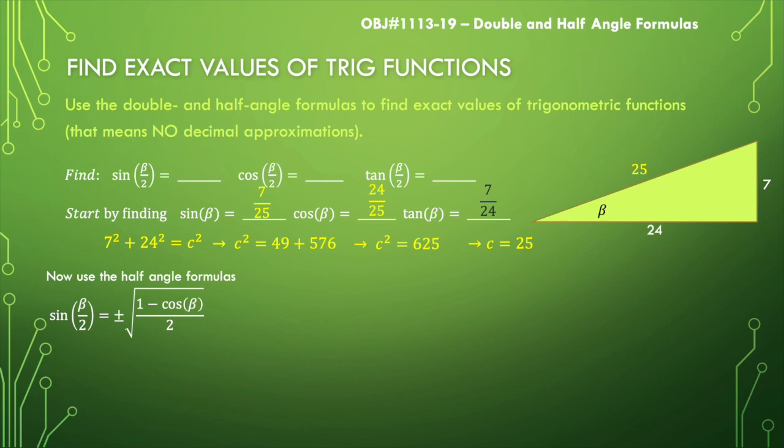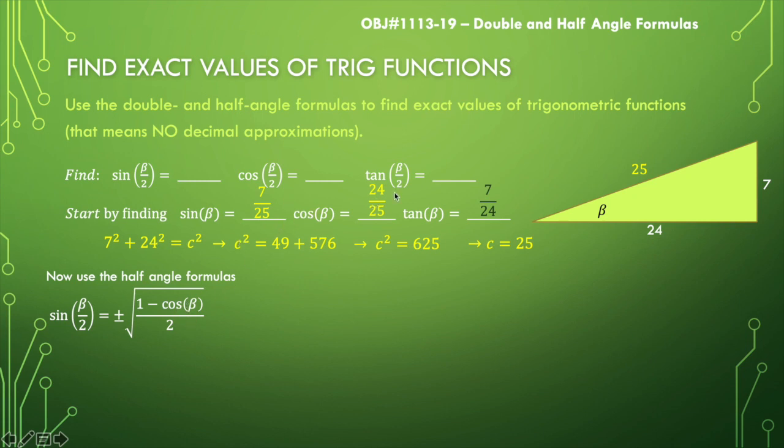So all of our trig functions will end up being positive. That won't always be the case, as we'll see later. But since this is an acute angle, this will be positive, so we go ahead and use plus here and substitute cosine of beta right here.